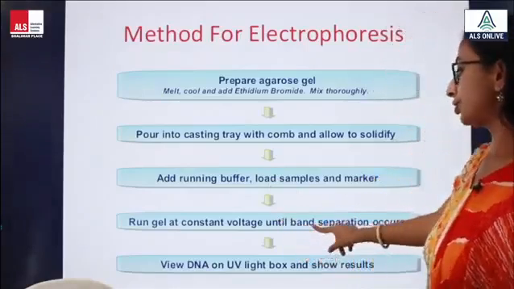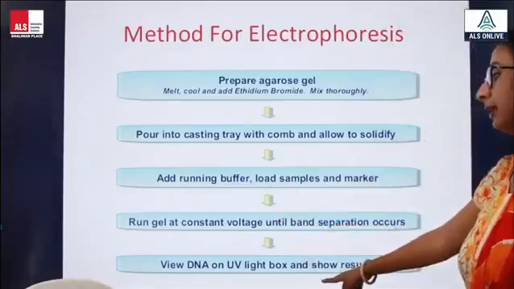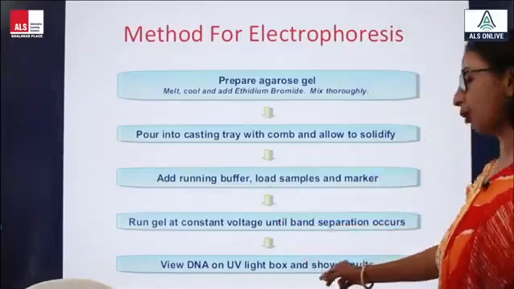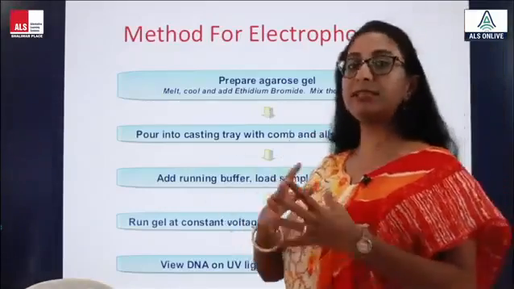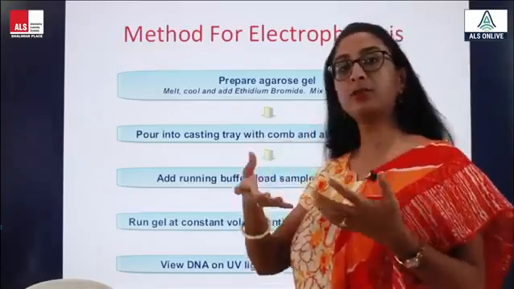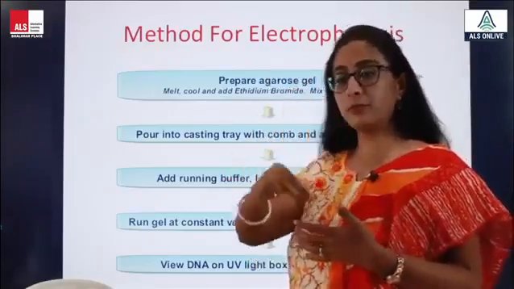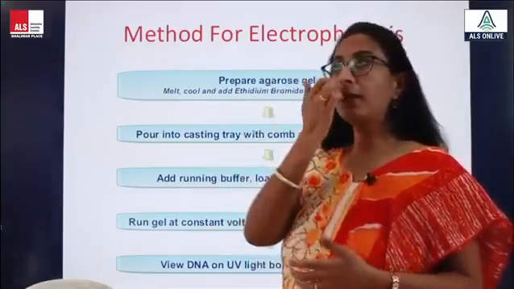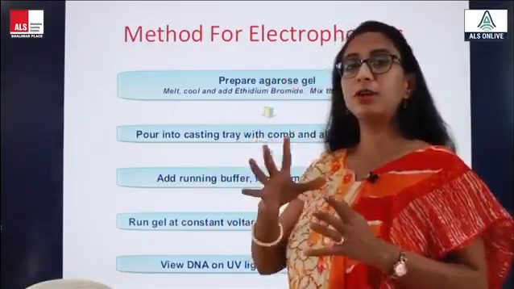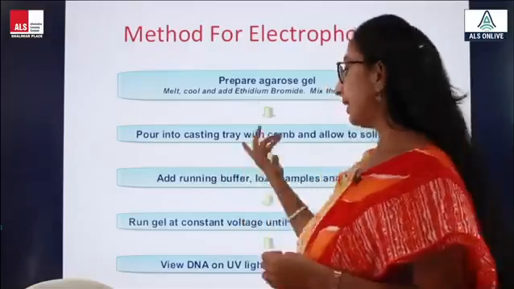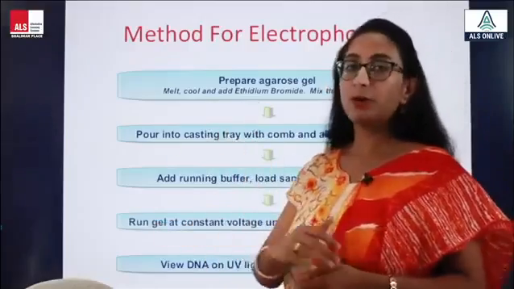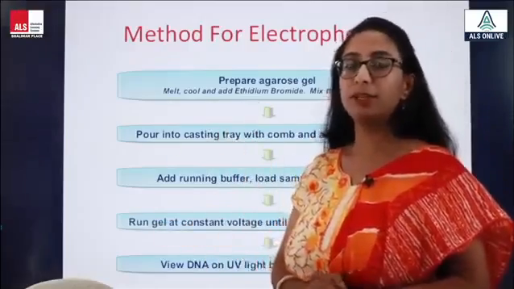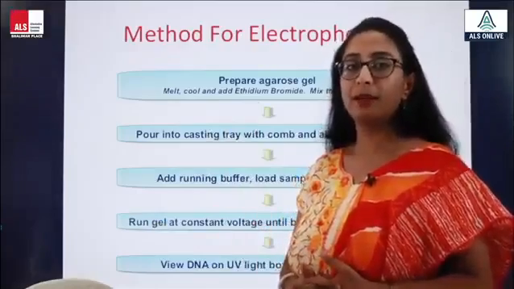You run it at a constant voltage, and finally we view the DNA on the UV light box, that is a transilluminator. We place it on that because otherwise, with naked eyes, you cannot see it very clearly. So you place it on the UV light box to observe the bands with much clarity. Fine.